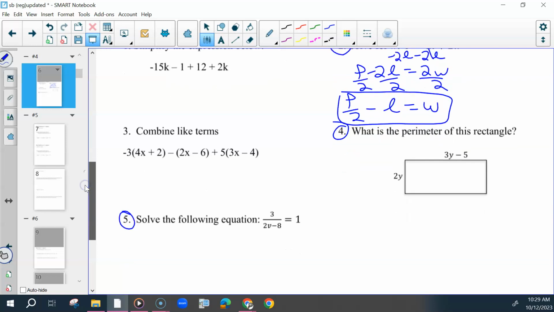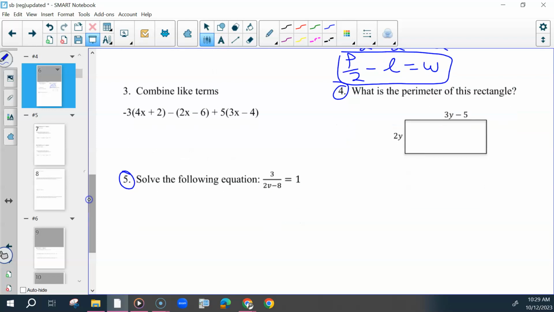Number 4. Number 2 kind of helps you with number 4 because you know you're doing perimeter. That's the perimeter equation. Let's call this L, this W. And then we're just setting it up the same way. P equals 2 times (3y minus 5) plus 2 times 2y.